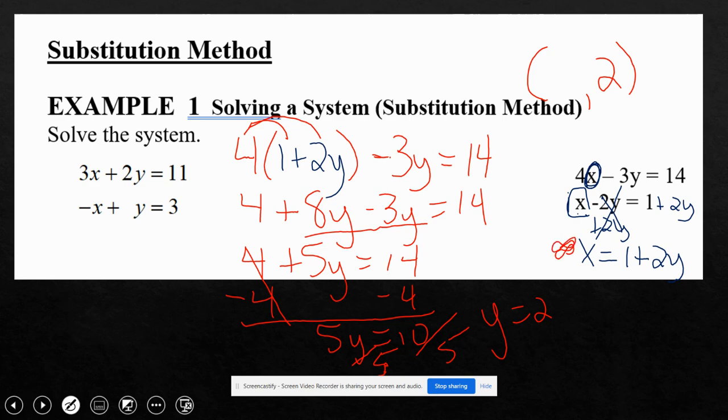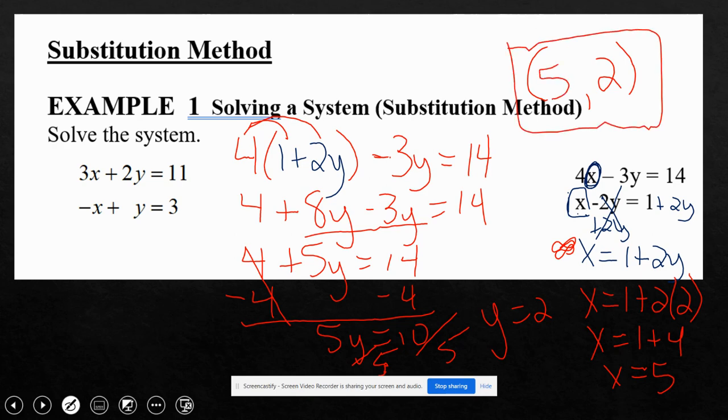Again, I'm probably going to use this bottom one because x is already alone. So I have 1 plus 2 times 2, because I'm plugging in the 2 we found for y. 2 times 2 is 4, and 1 plus 4 is 5. So the solution to that system is (5, 2).